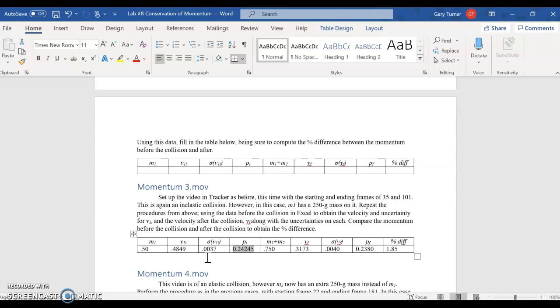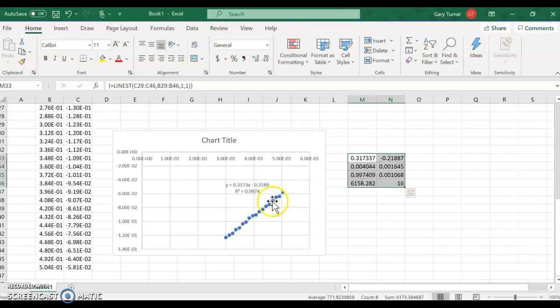And so really these are just a way to quantify the quality of your slopes. Okay, and these should be pretty small compared to these, right? With really good linear trends, these uncertainties should be really, really small.